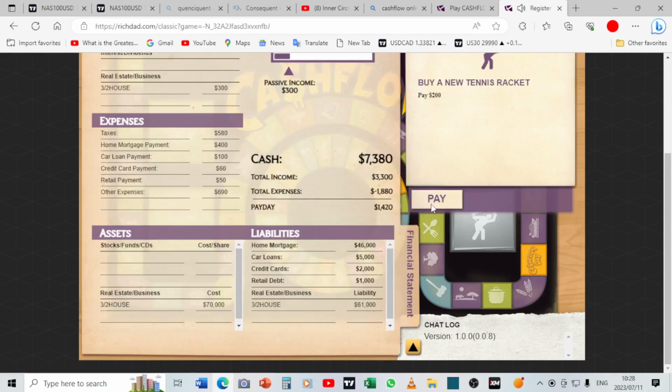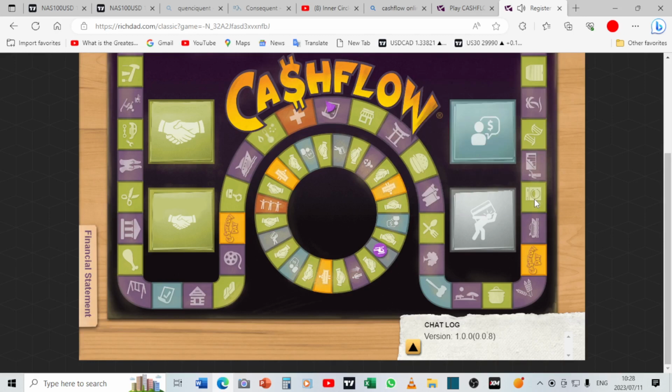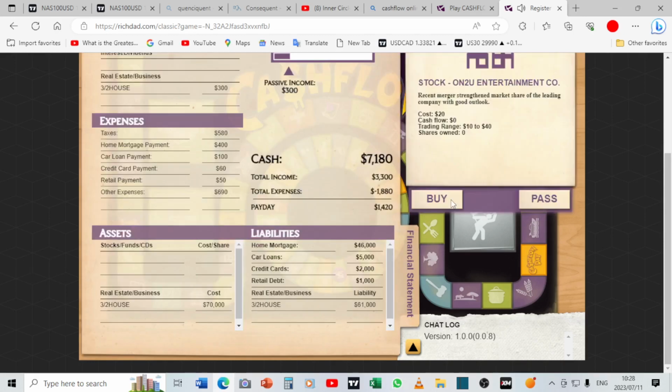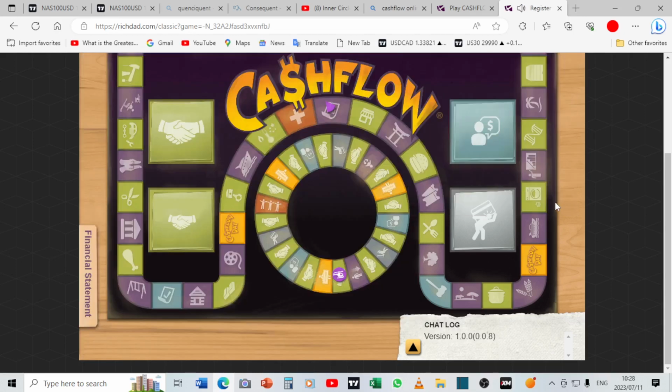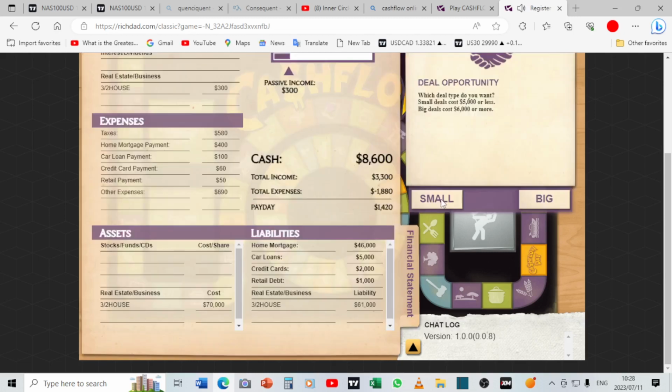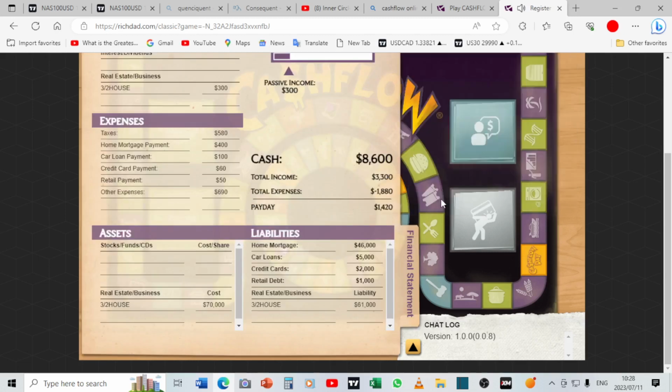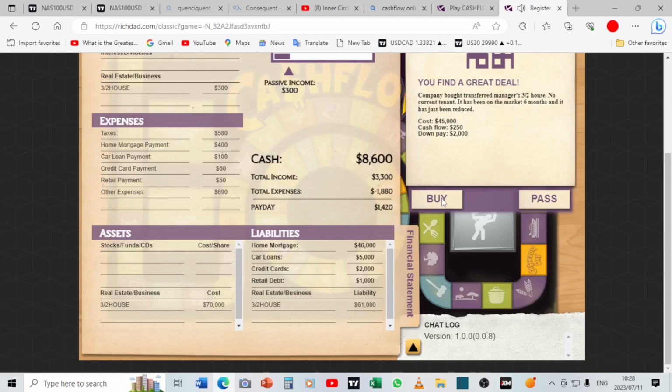Buy a new tennis. This is what happens in our life. Okay, down payment is 2,000 and its cost is this, and it gives me 250 per month.